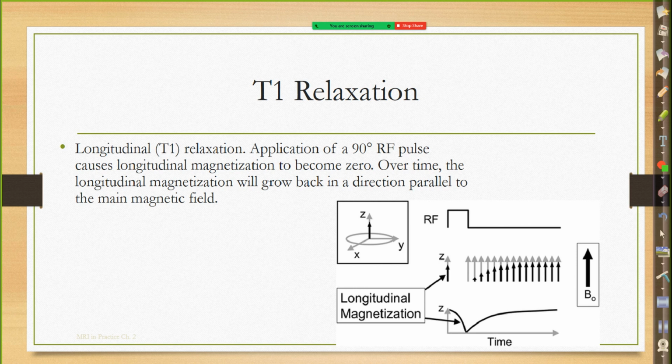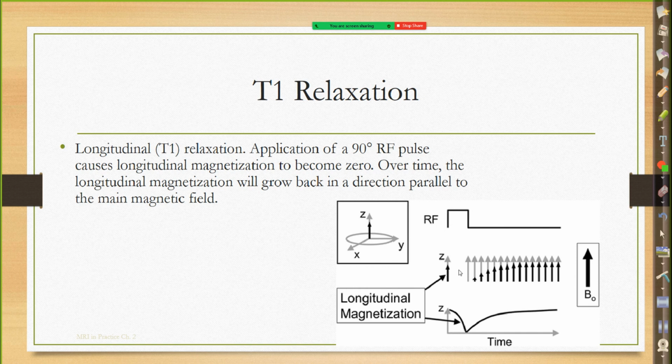So you're going to start to see this drawn in several different ways. So this is what an RF pulse looks like on a pulse sequence diagram. This is just the vector and the size of the vector as it regrows. And this is what we've talked about thus far, where we have the longitudinal axis over time. But at this point, what it's talking about is, okay, we applied that RF pulse to flip it into the transverse plane.